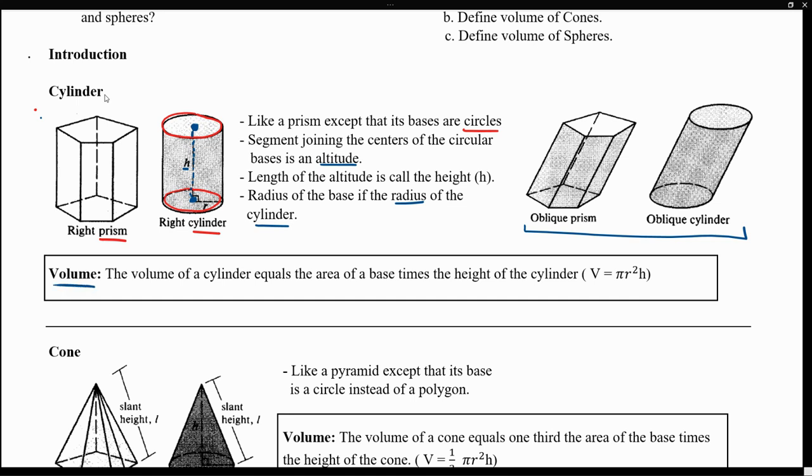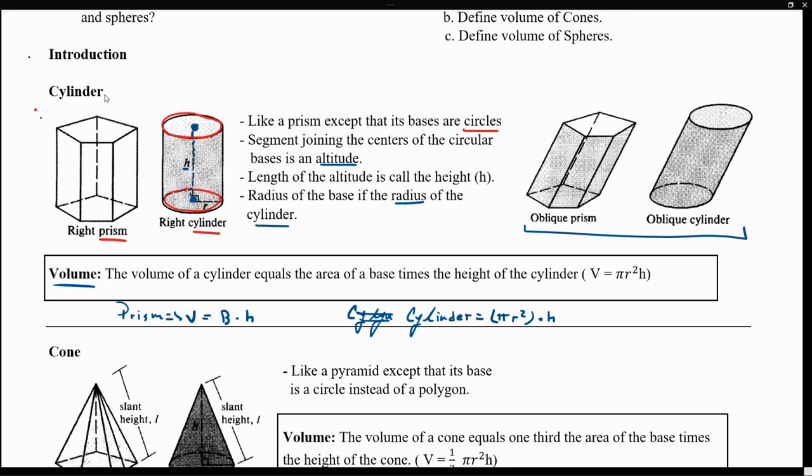So how do we find the volume of a cylinder? The volume of a cylinder is equal to the area of the base times the height. Because recall that for a prism, we said that the volume is equal to the base times the height. But for a cylinder, we know that the base is a circle, and the area of a circle is pi r squared.